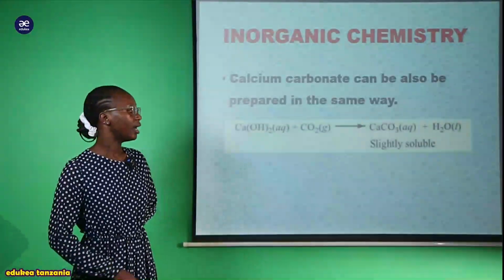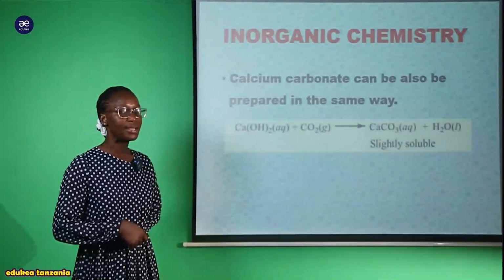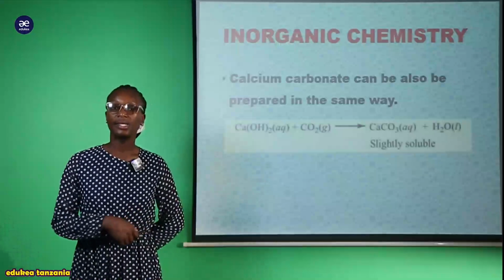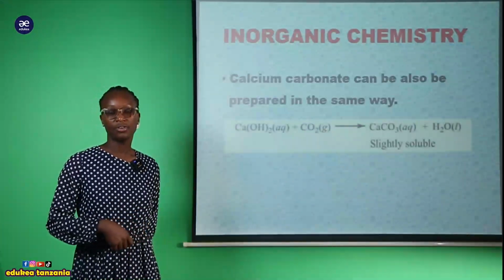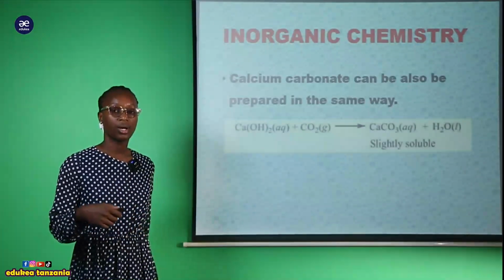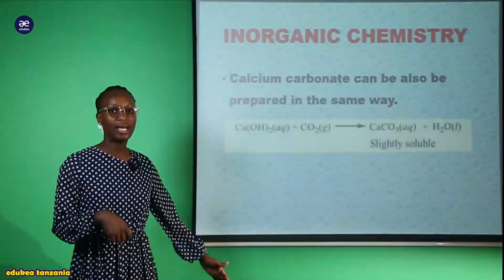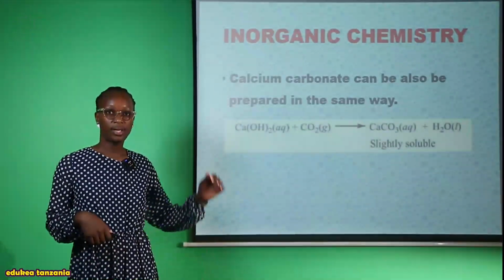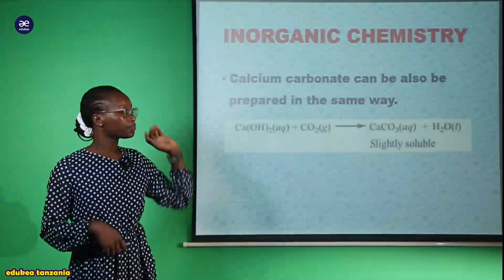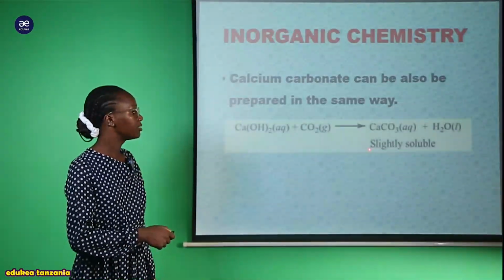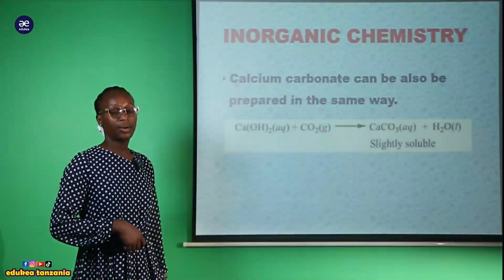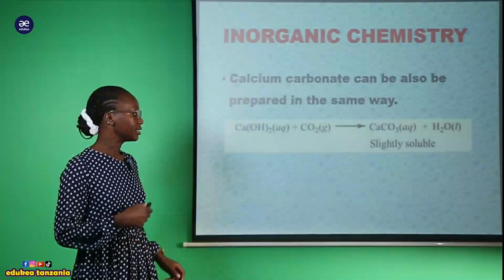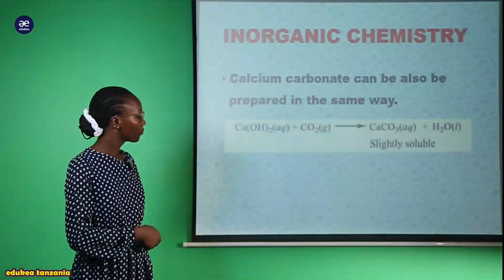So it is prepared in the same way kama zile nyingine, kama sodium hydroxide venye anakuwa passing through carbon dioxide kwenda kutengeneza zile most reactive au zile soluble carbonate ambayo ni sodium carbonate. Lakini huyu calcium anakuwa na sifa yake kwamba yeye kwenye issue ya solubility it is slightly soluble.